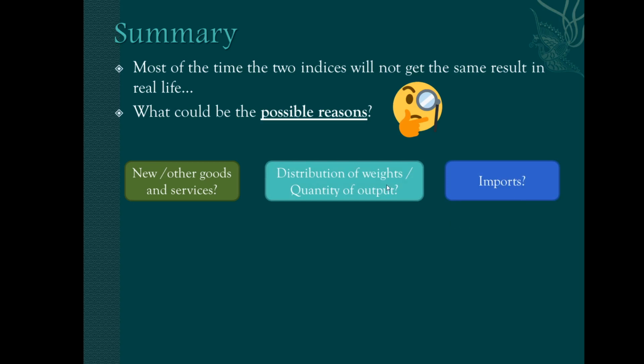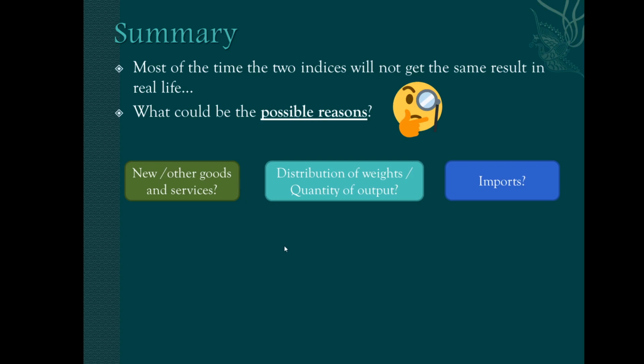The distribution of the weights, also the quantity of output? You guys talked about that. And also if there are any new goods and services when we're calculating GDP or calculating CPI in the basket. Because of all those questions, we come up with this ultimate answer: they don't always have the same result.